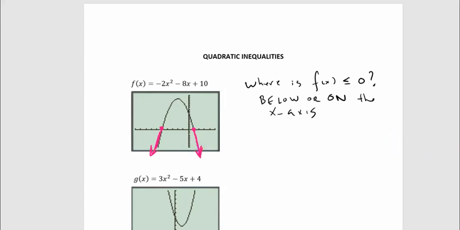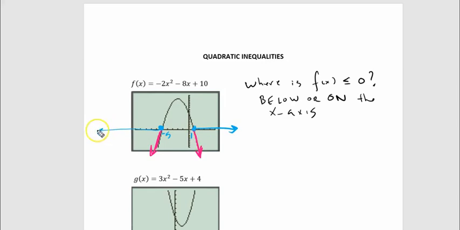And if I look at the x-axis to tell where this happens, it's when my x values are coming in from -infinity up to and including -5. And then when my x values are 1 and to the right.